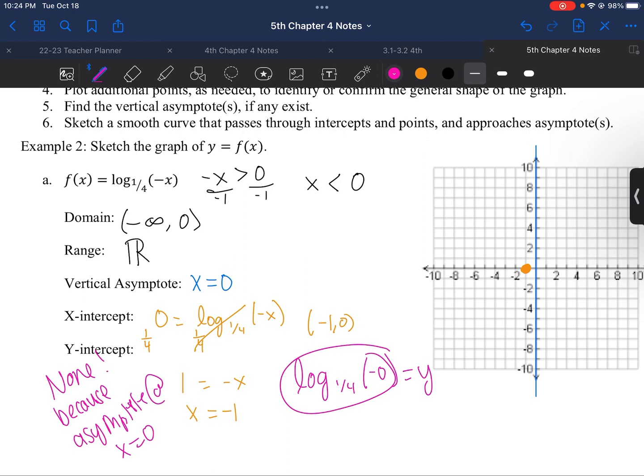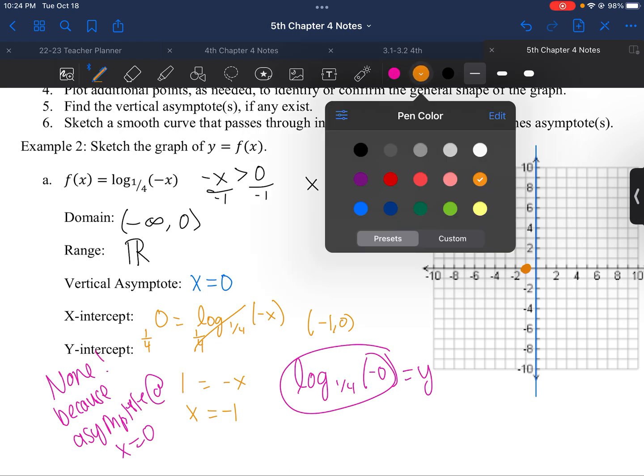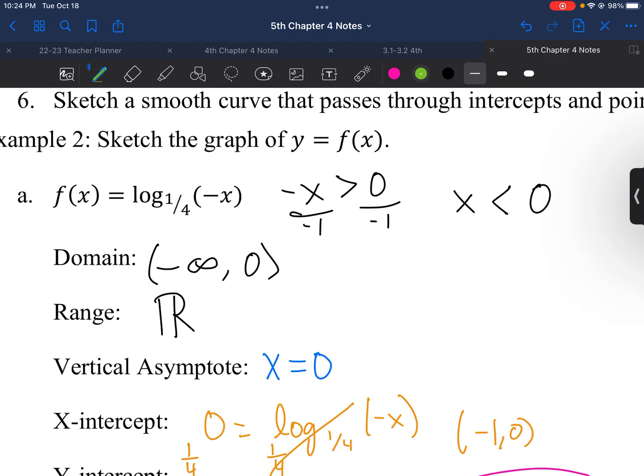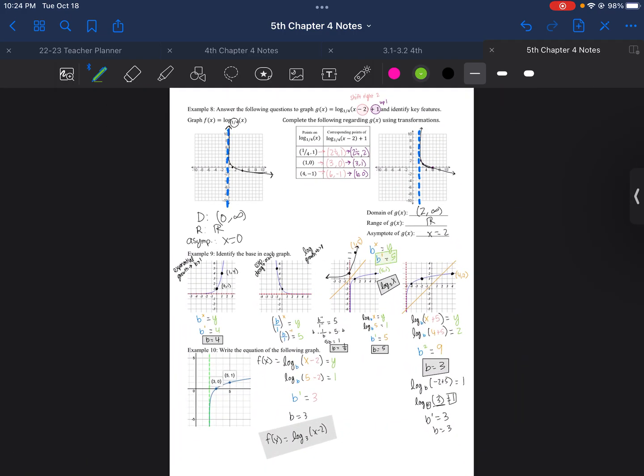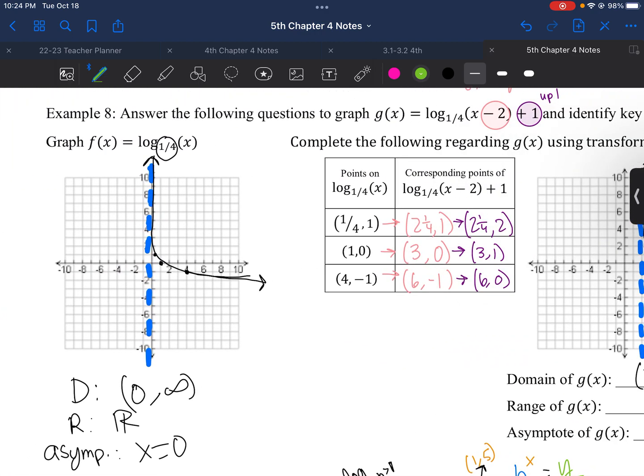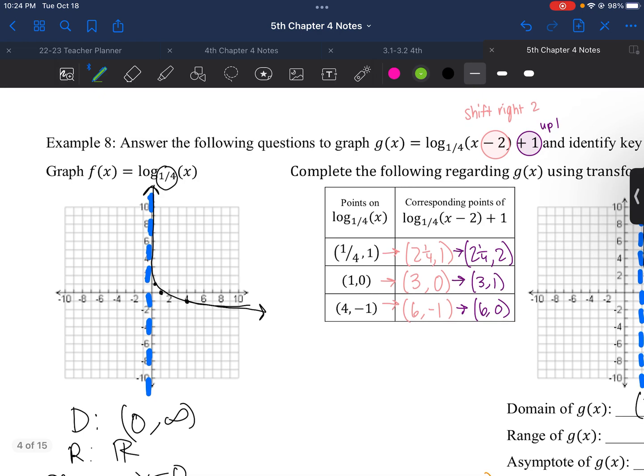Okay. So this is still really hard to tell what the heck is going on. So we're going to talk about transformations with this one also. So if you look here, remember what happens with a log base of a fraction. So if we look back at our notes for a log base with a fraction in it, it looked like this. Okay. So this 1/4 essentially reflected the log.